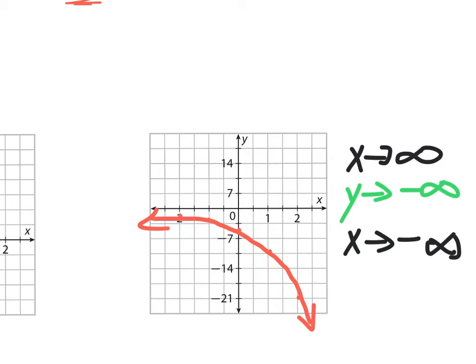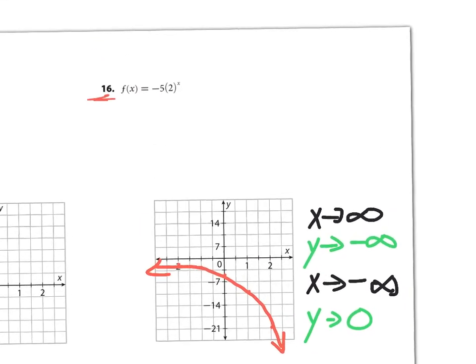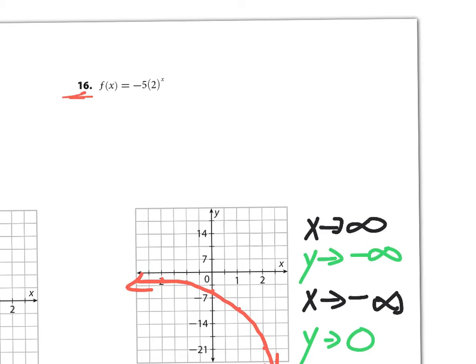Now, let me go ahead and tell you a little hint here. Because our original function was not shifted at all, I'm not adding or subtracting anything in here. I'm not shifting it up or down. That means end behavior will always be some sort of infinity and 0.